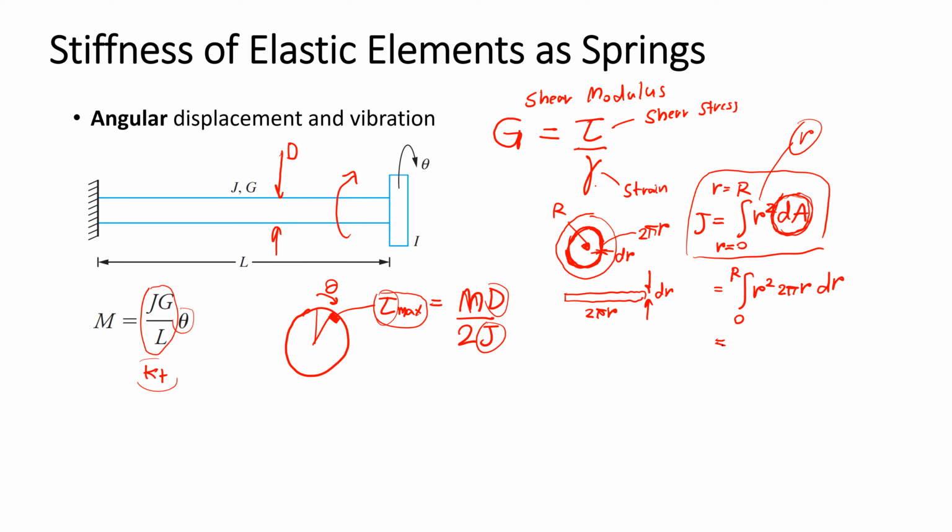So how can we obtain this integral? We have 2 pi and the integral of r to the power 3 dr from 0 to r, right? 2 pi times r to the power 4 over 4 from 0 to r, and it's gonna be pi over 2 times r to the power 4.